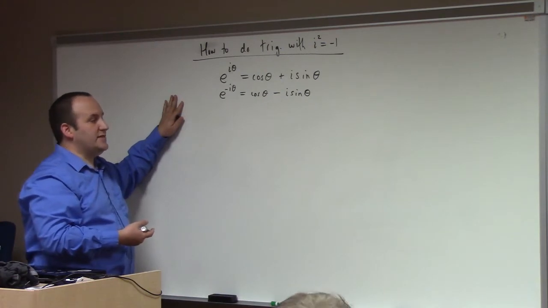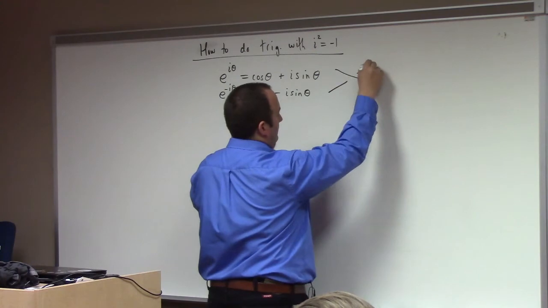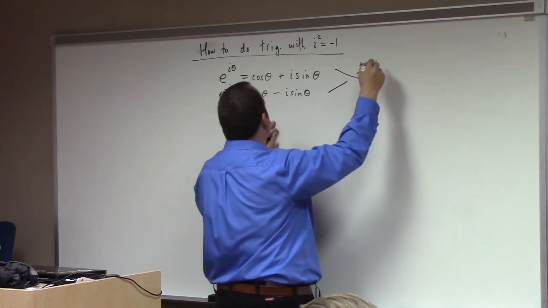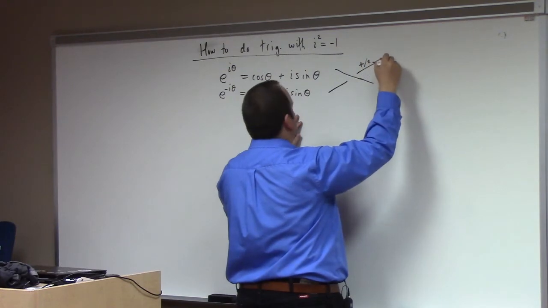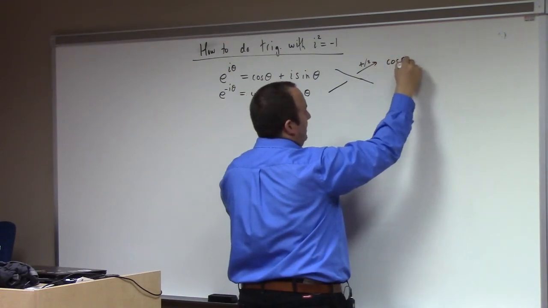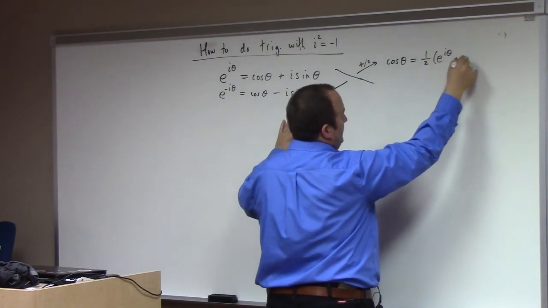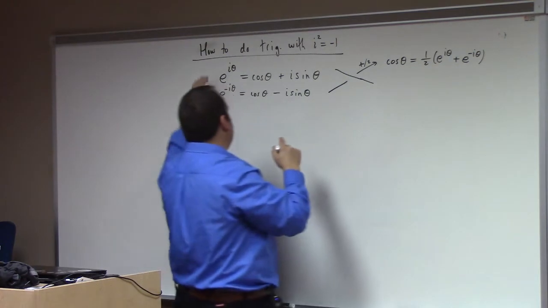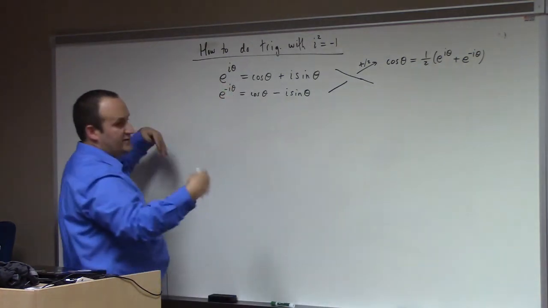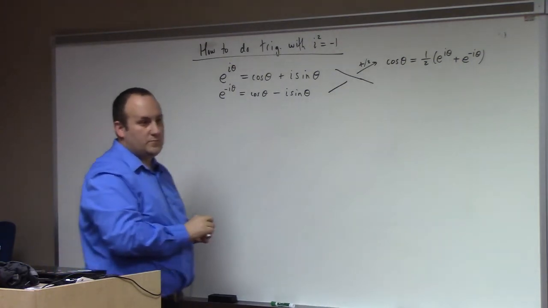So you take these equations and you add or subtract them, right? If I add them and divide by 2, I get that cosine theta is 1/2 times e to the i theta plus e to the minus i theta, right? Do you see that? If I add these two equations, the sine terms cancel. I get twice cosine theta is e to the i theta plus e to the minus i theta, right?